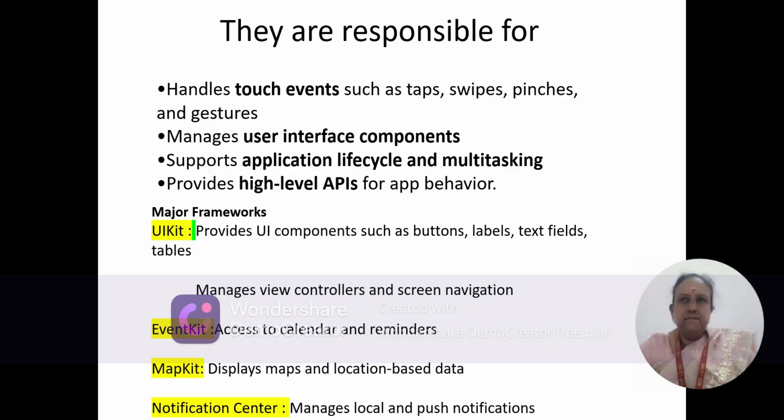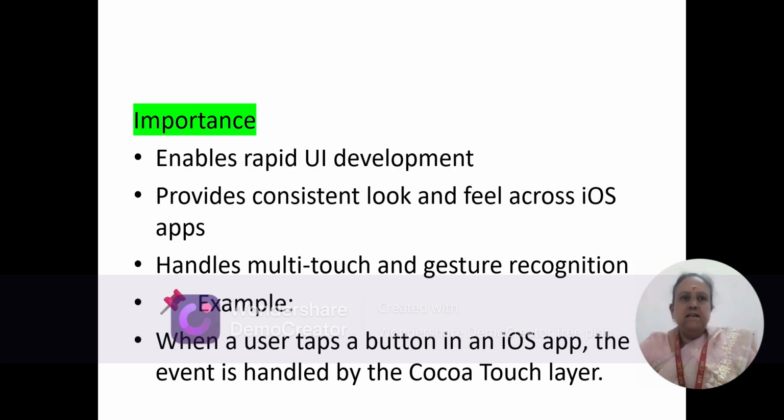remember the event or the calendar that is built into the particular application in your mobile, and also the location based data triggered through MapKit, and also the notification centers for all your push notifications, alert messages, everything. So the Cocoa Touch layer is the highest layer for touch responsiveness in your mobile device.